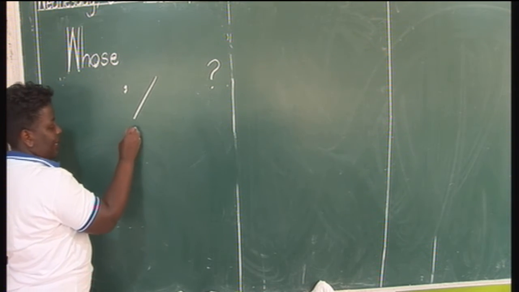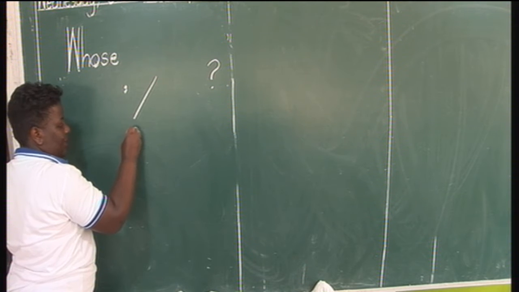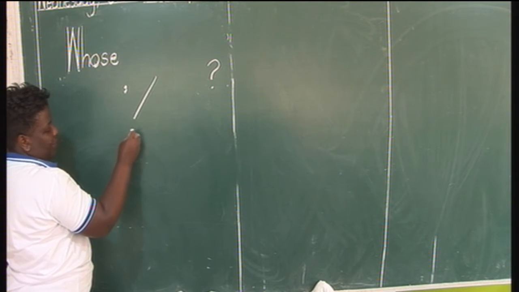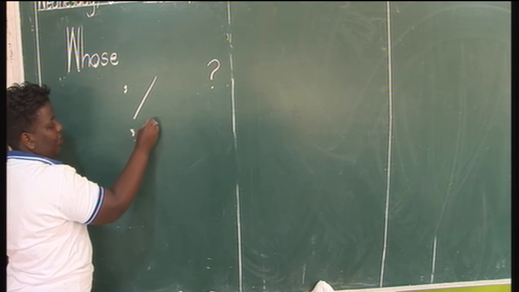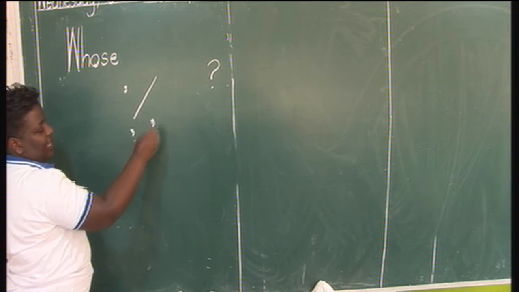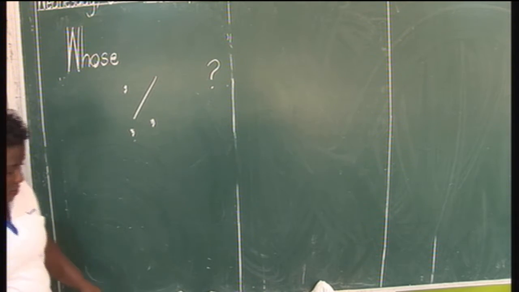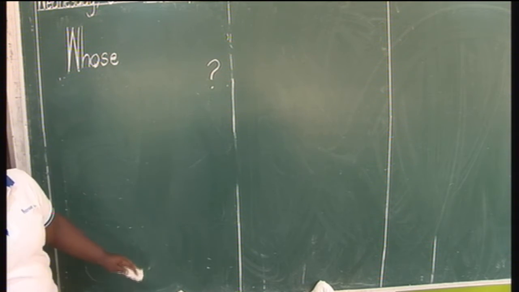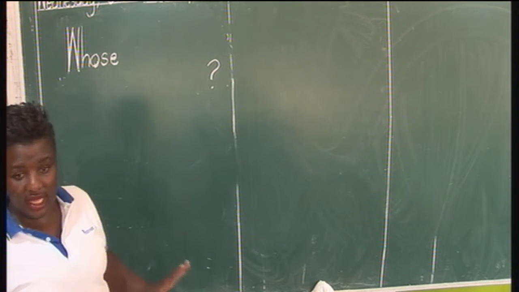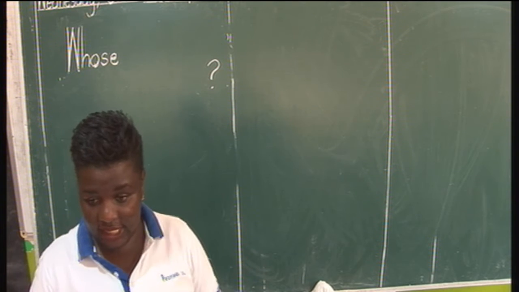It looks like number 9, the way people who print curve their number 9. You can first put a dot, and then you curve it like that. That's a comma.